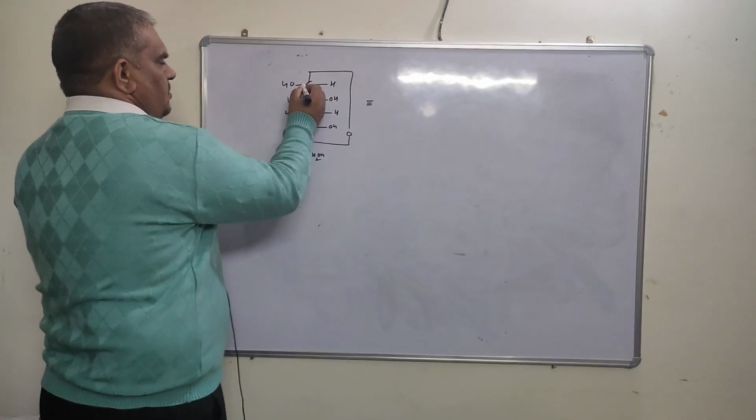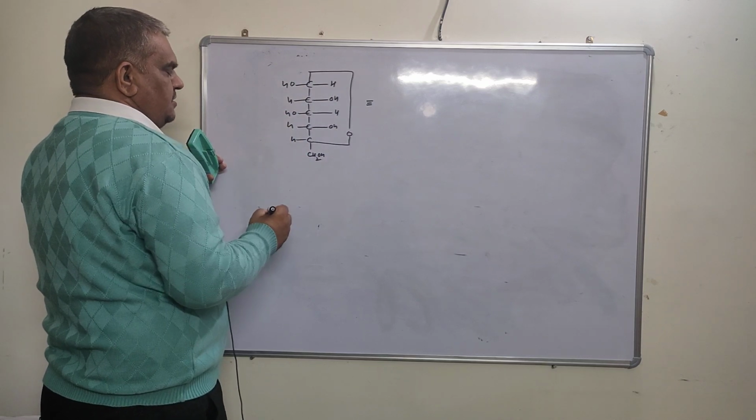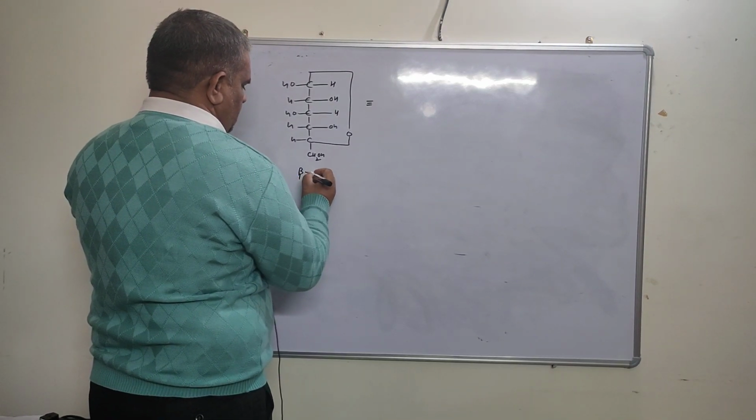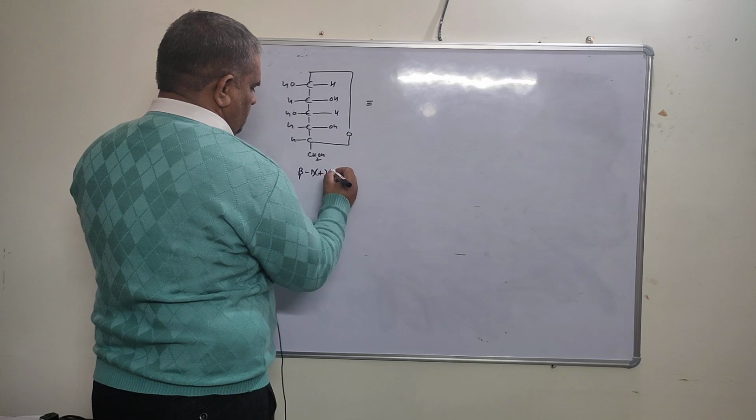The OH on carbon 1 is towards the left-hand side. This is beta D glucose.